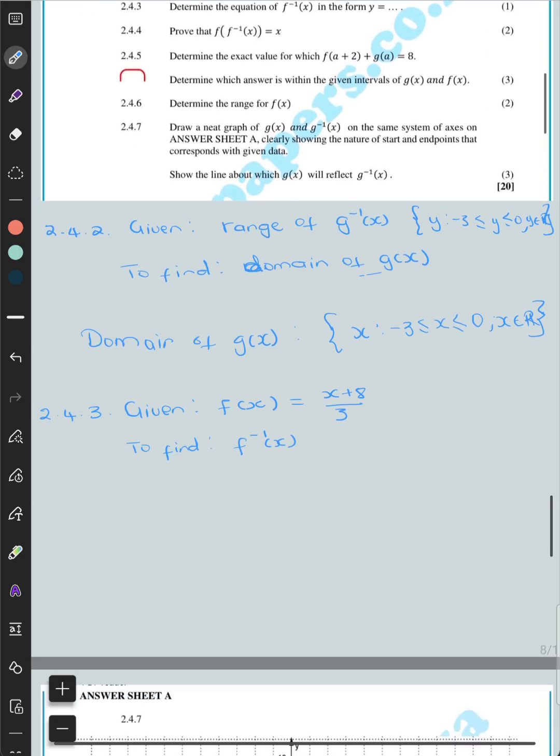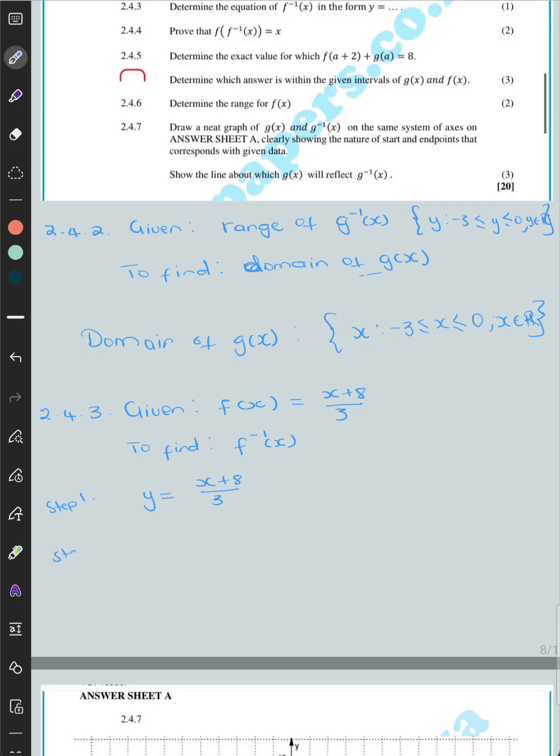Let's do that. Number 1, you don't have to write this in the exam. The steps are like this. Number 1, change the f to y. So it's y equals x plus 8 over 3.